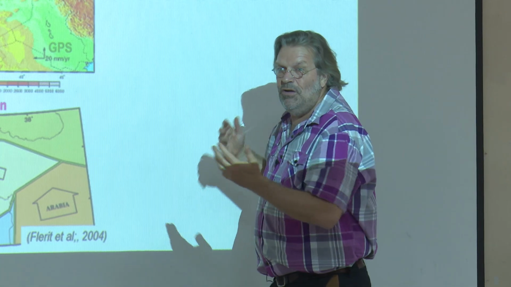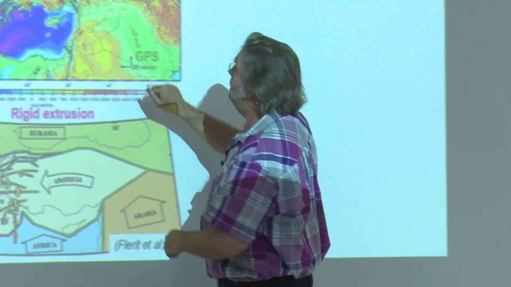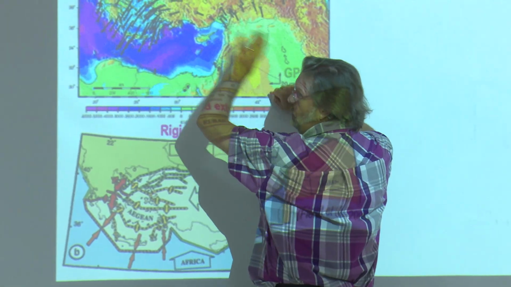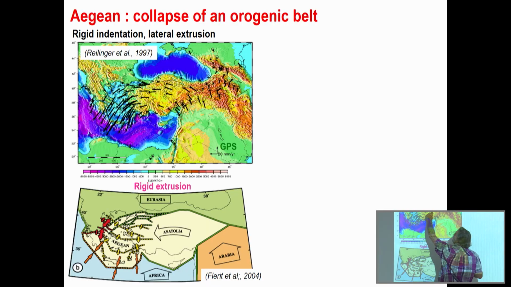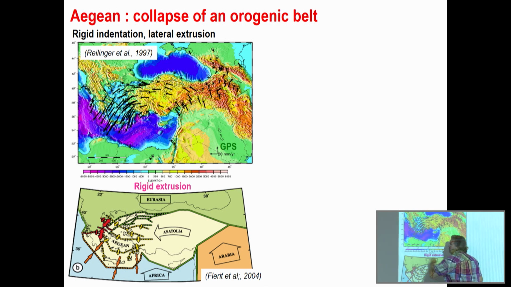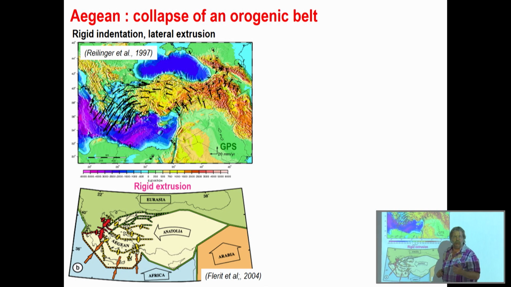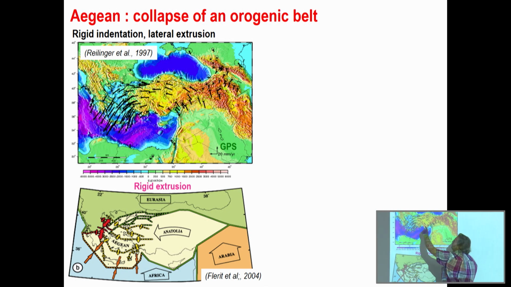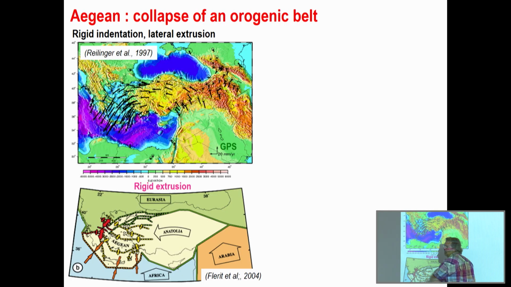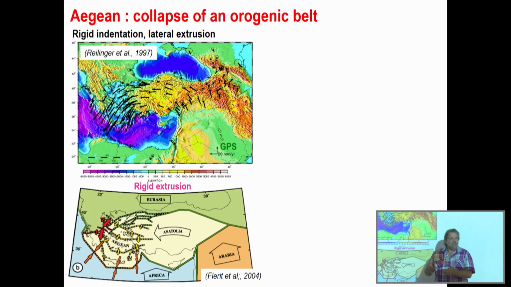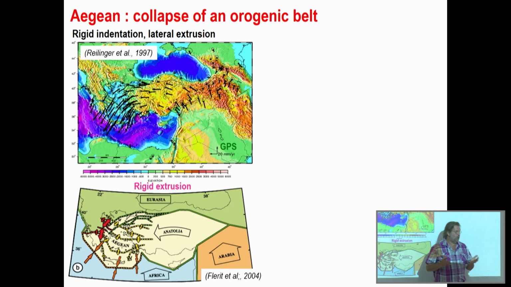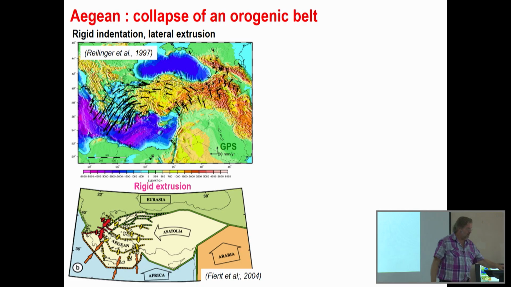At first sight, it might be tempting to say, okay, that's extrusion, lateral extrusion toward the west. And there's the Anatolian fault here, which is the most active fault in Europe current day. So it's very important to have a simple model that explains that. Well, looking at it more carefully, the punch hypothesis, I think, is not that relevant.